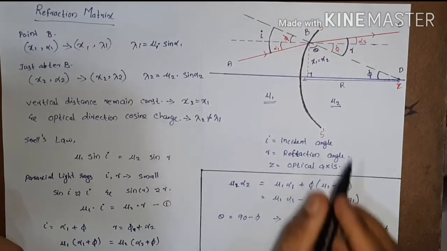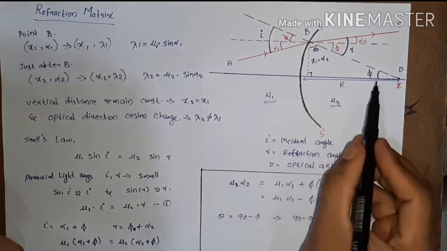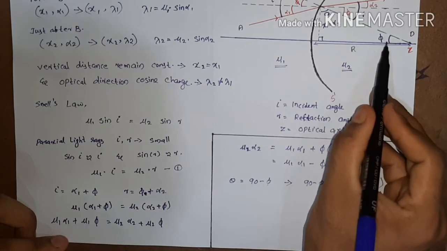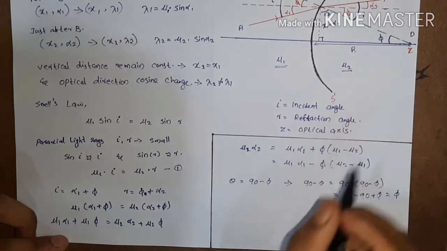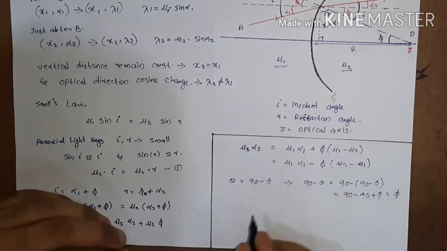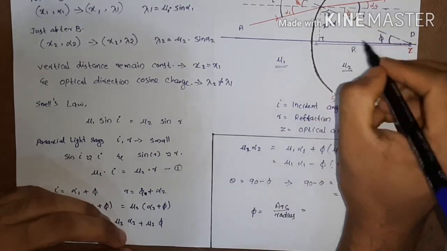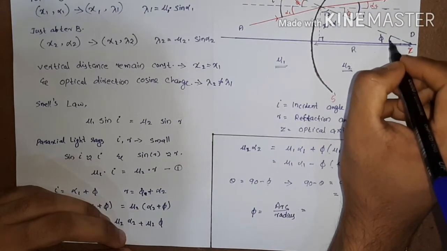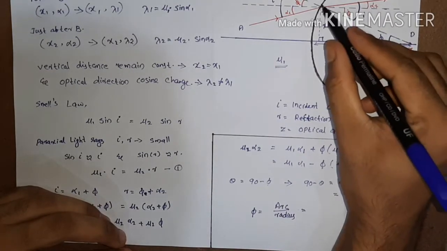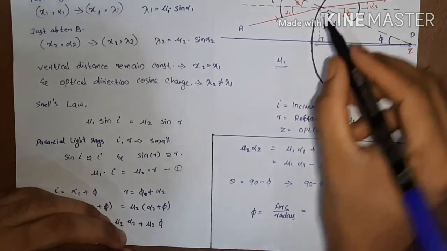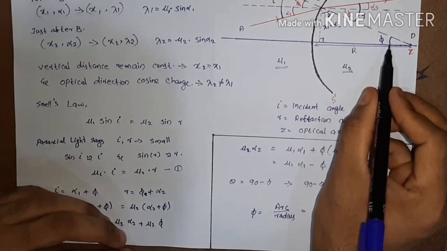So I am proving these two angles are equal, so this angle is phi itself. If this angle is phi, then phi is equal to arc by radius. That means if this angle is very small, this arc divided by this radius makes the angle phi.